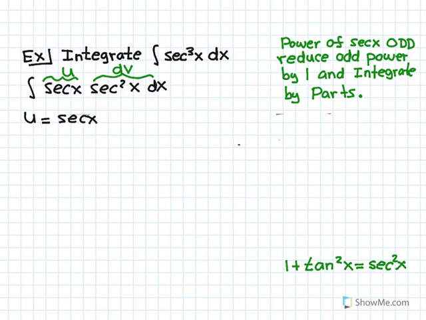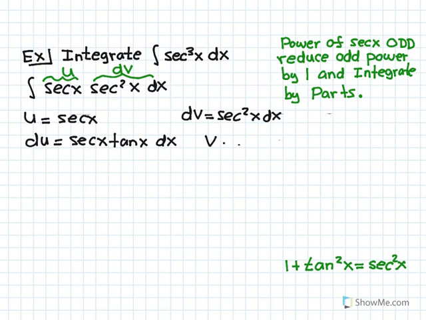Its derivative du is equal to sec x tan x dx, and dv, this part, is sec squared x dx, and the antiderivative of secant squared x is tangent x. All right, let's put this in a box.